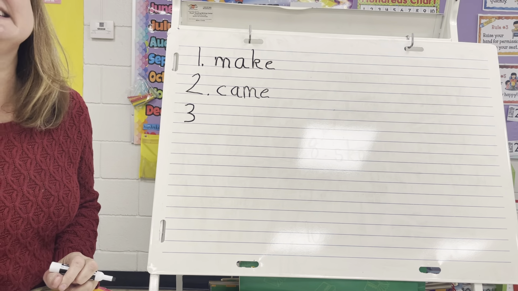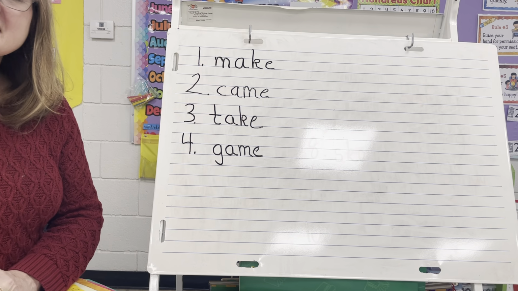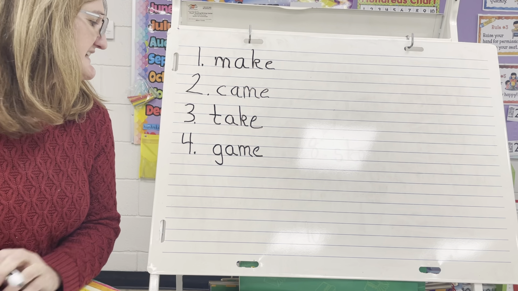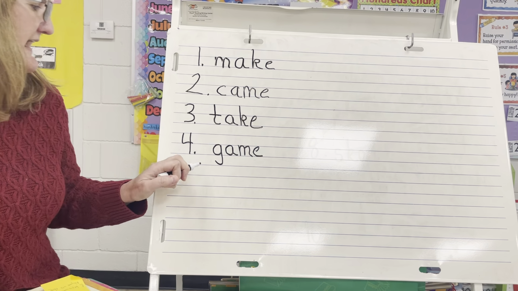And I'm just going to follow you in my writing since you're already writing. Begins with G and rhymes with blame. Yes, what word did you get? Yes, it's game.